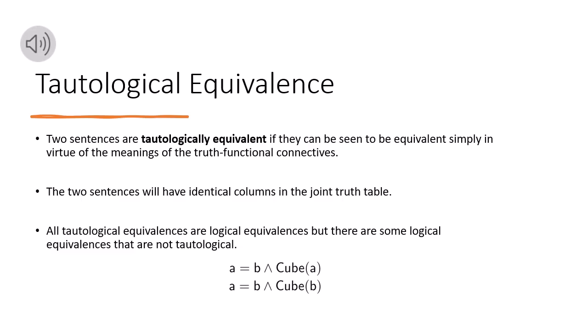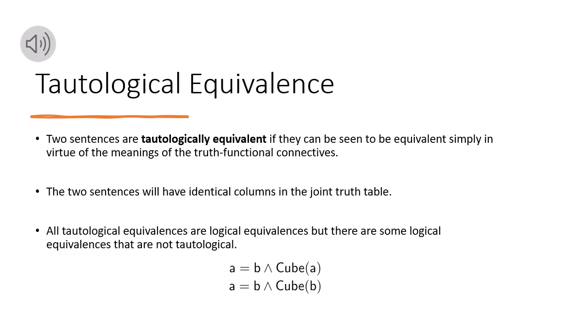So a truth table not just for one sentence, say S, but also the second sentence that you'd like to check its tautological equivalence with. And once you've constructed that joint table that has all the possible truth values for the underlying atomic sentences for both of your sentences, you can check to see if the two columns for your sentences are identical.